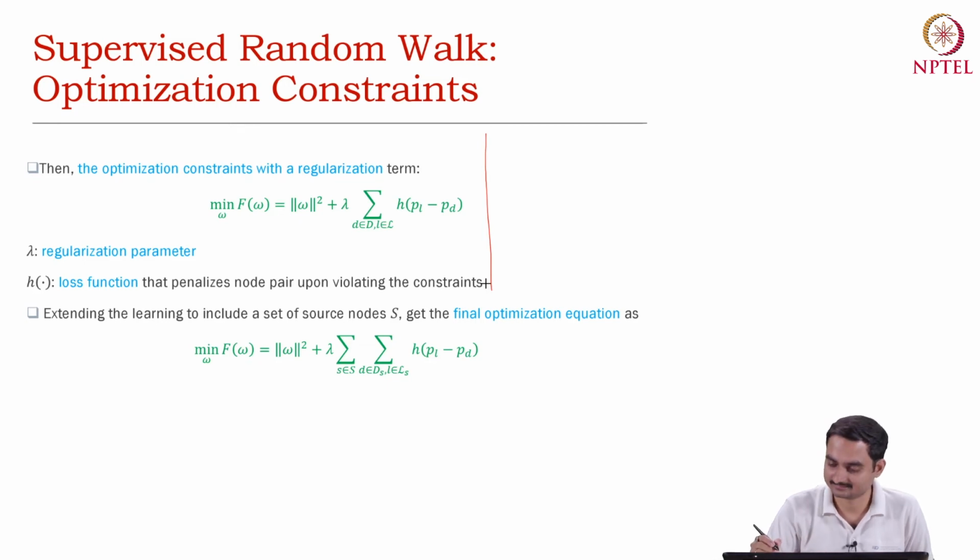The idea is that I repeat this random walk with restart, and the expectation is that the page rank value of the positive nodes should be higher than the page rank values of the negative nodes. Okay, D is the set of positive nodes and L is the set of negative nodes. So what is our optimization function here?